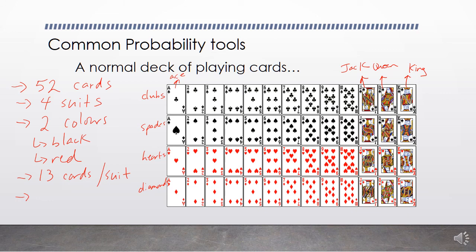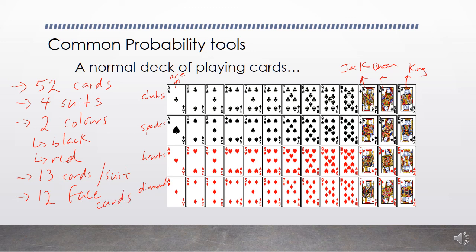Face cards. What's a face card? Face cards are cards that have faces on them. If we count all the cards that have faces on them, that's just Jacks, Queens, and Kings. 3, 6, 9, 12. 12 face cards. Aces are not face cards.